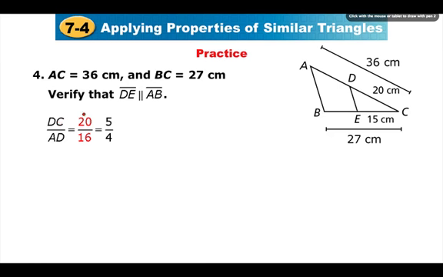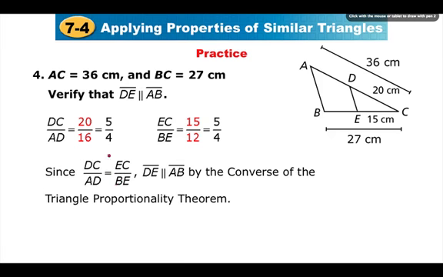Once I simplify this fraction, I get 5/4. In the same manner, I go to this side. EC over BE reduces to 5/4. So now, since they are equal, I can say that DE is parallel to AB by the converse of the triangle proportionality theorem. Next slide.